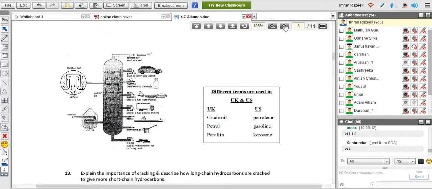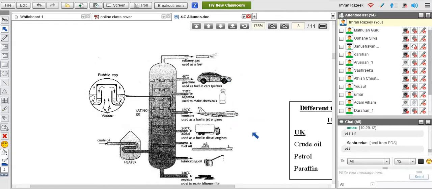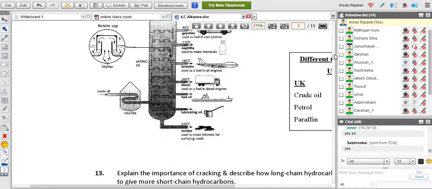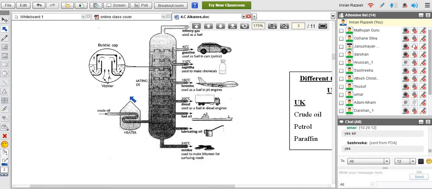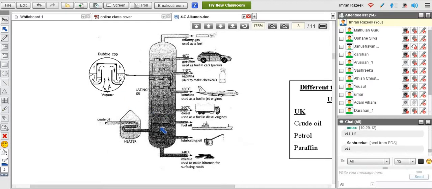Let me just enlarge this diagram for a bit. In this fractionating tower, the crude oil is heated to a very high temperature, around 450 to 500 degrees Celsius, using electric heaters, and pumped in at the base of the tower. The crude oil vaporizes up the column.